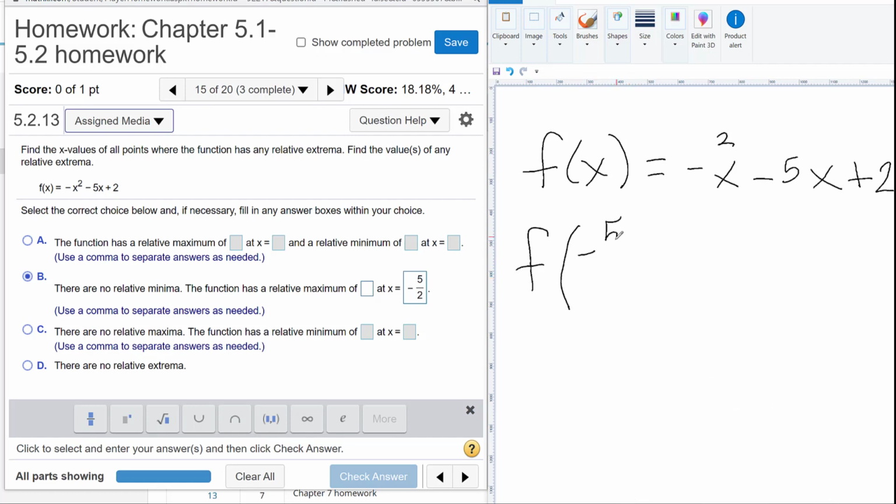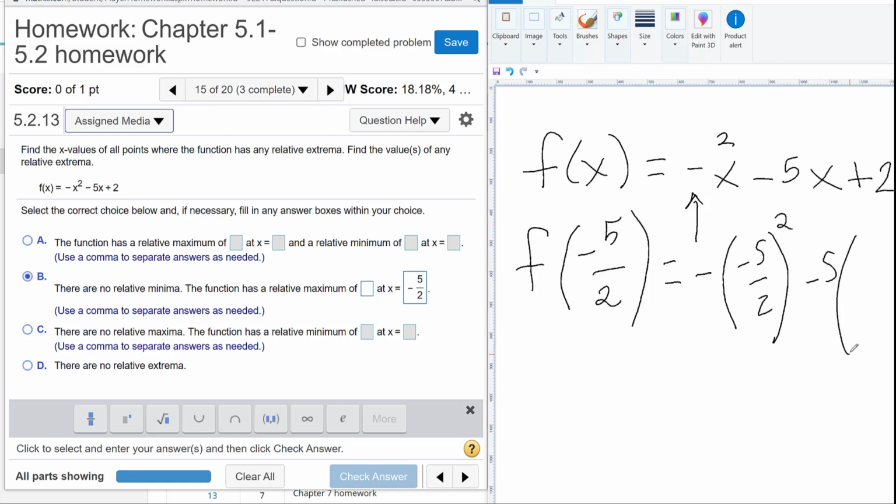It's 0. So we're going to do a little fraction arithmetic here. Now you got to be careful here because there's a negative here. So there's going to be a negative and a negative 5 over 2 squared minus 5 and a negative 5 over 2 and a plus 2.